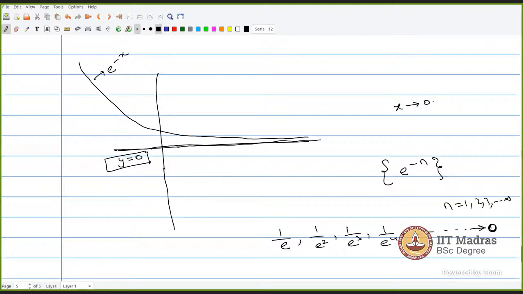Even if I compute the limit value of this sequence e power minus n, I am getting 0. So that means if my function has a horizontal asymptote, then I can say that particular function will tend to the horizontal asymptote value. Whereas vertical asymptotes will diverge, will go to infinity.